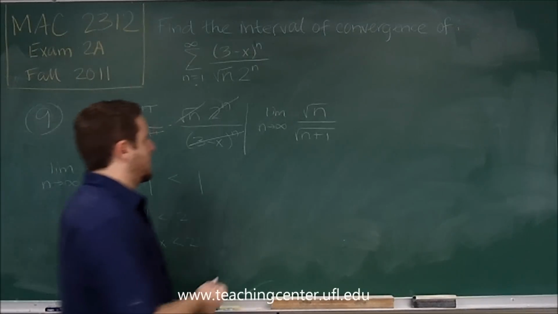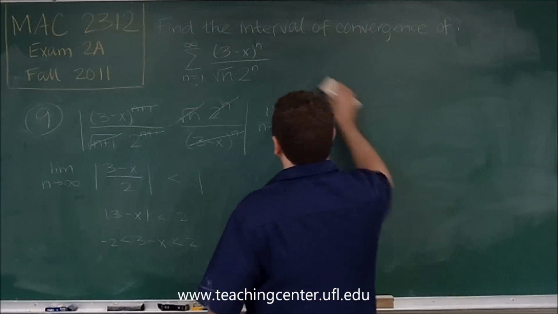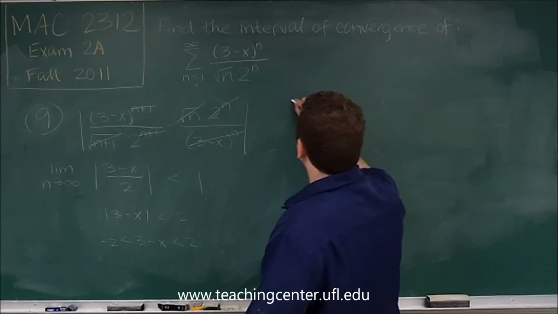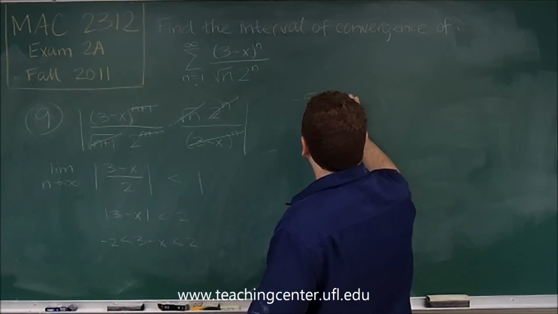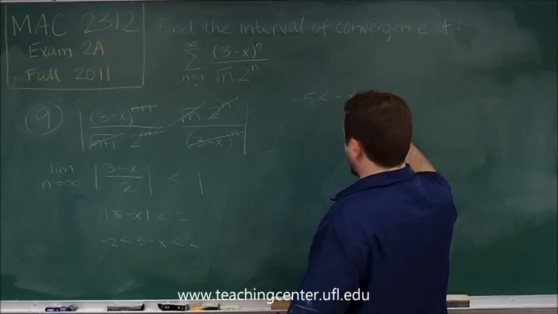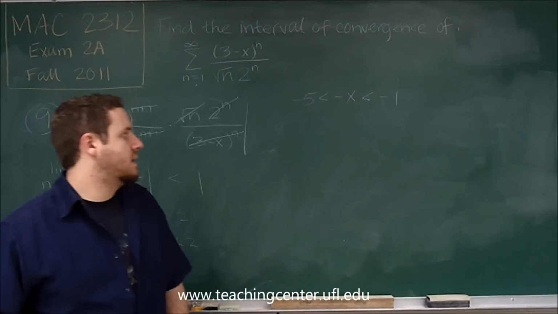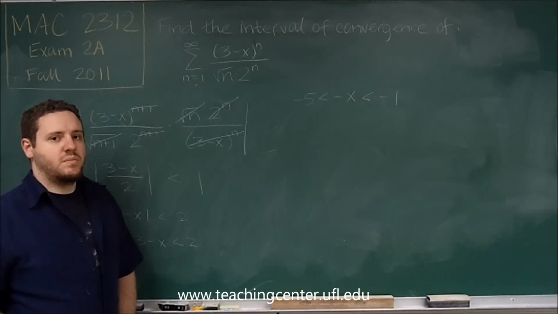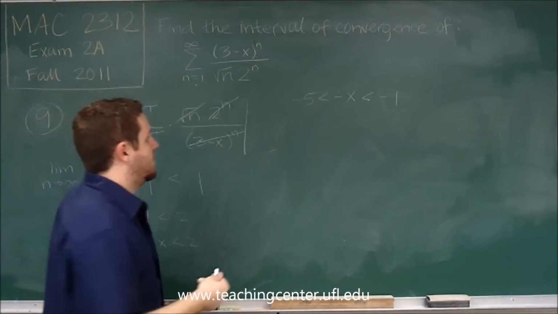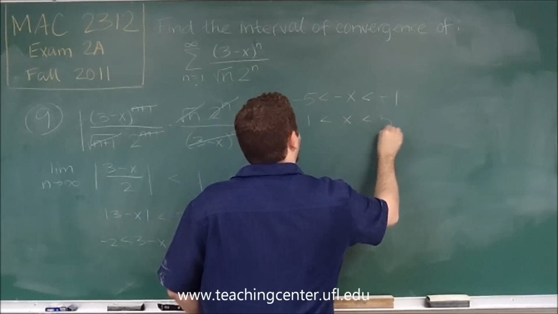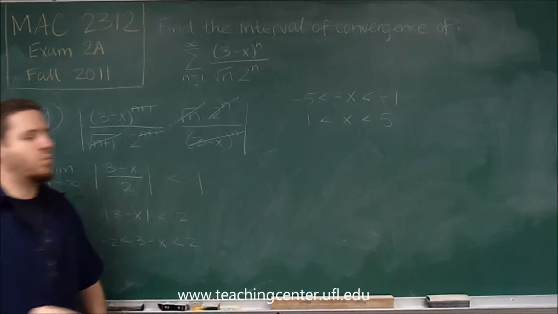We can subtract 3 from each part of that inequality. So we would get negative 5 is less than negative x, which is less than negative 1. And finally, we can divide by negative. Remember, you have to flip the signs of the inequality if you do that. So this is going to be that x is in between 1 and 5.